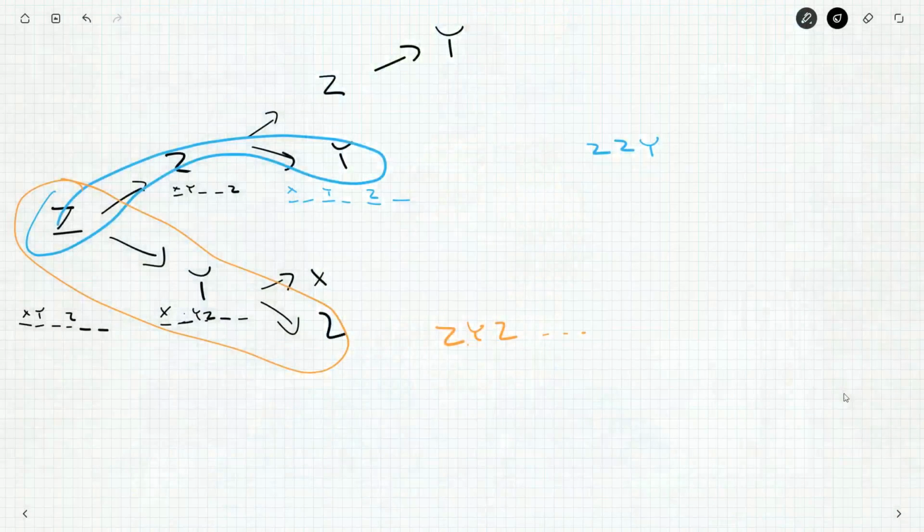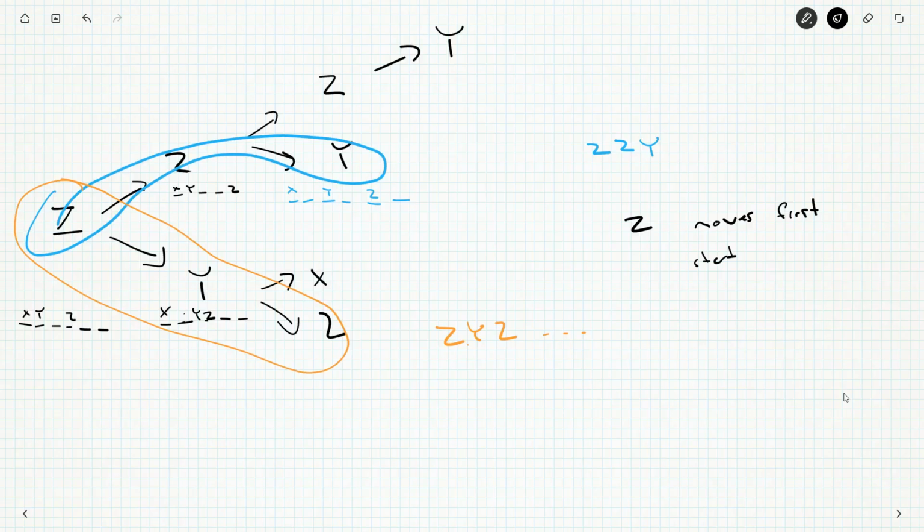So Z will always be the first one. So we're going to start with Z. And then we have the choice of Y or Z.